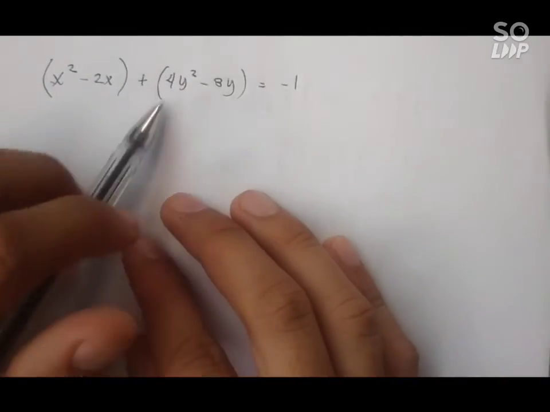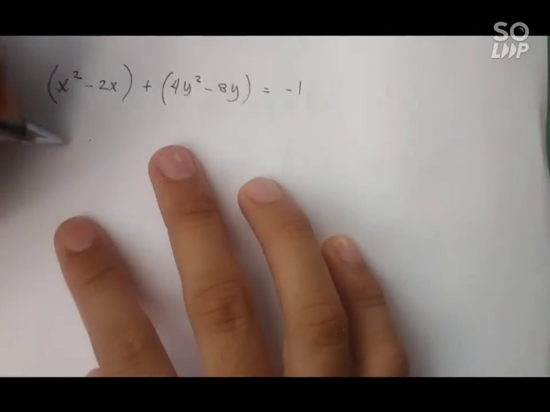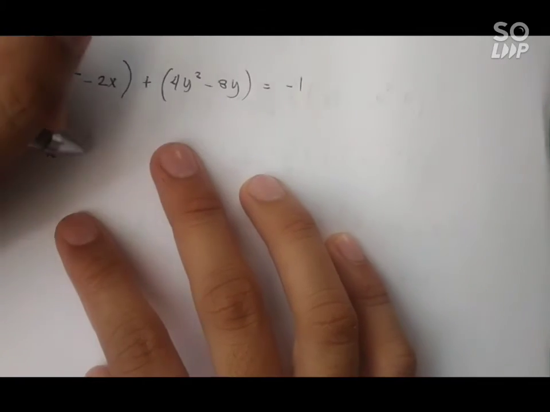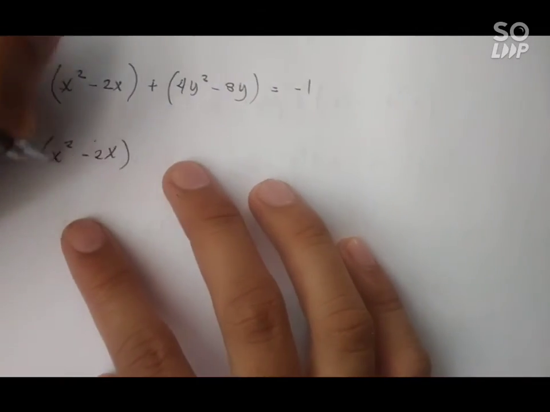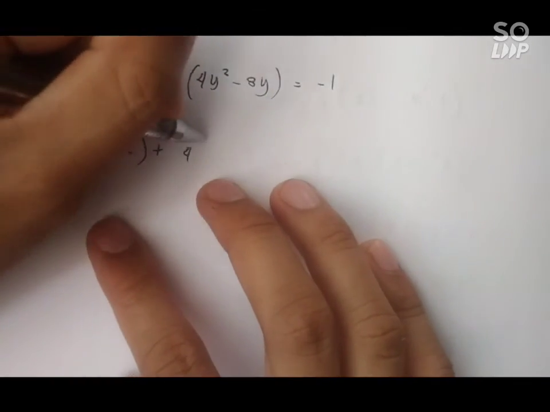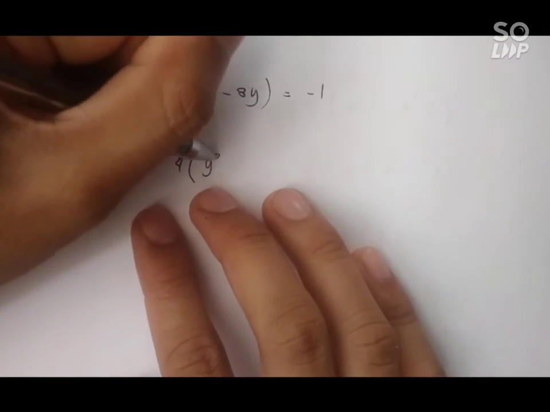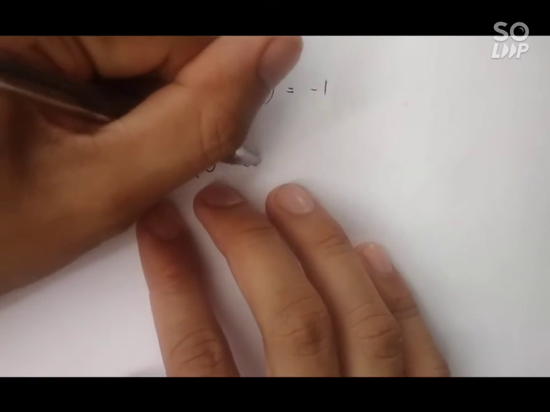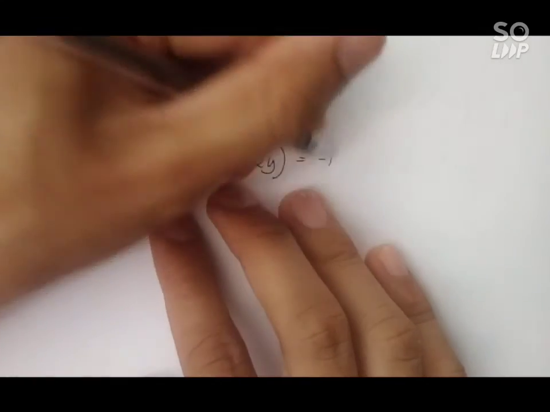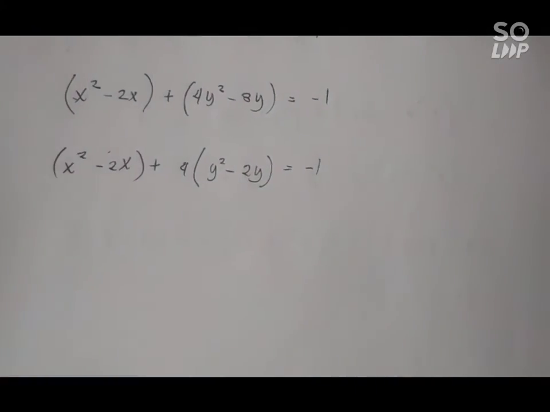So karon nakita nato, pwede pa man siya nato i-factor out, so x squared minus 2x plus 4, so y squared minus 2y equals negative 1.